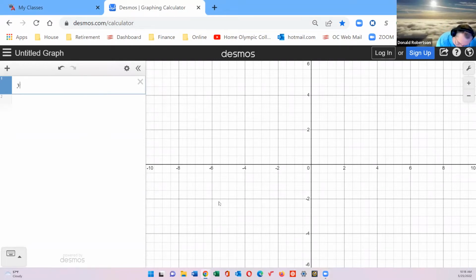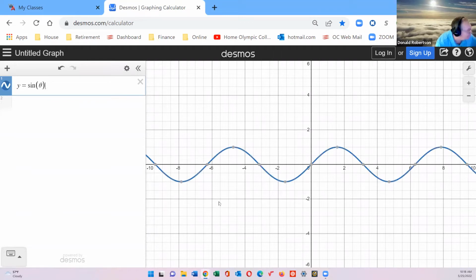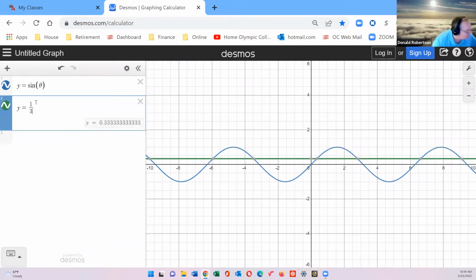So I'm going to do y equals the sine of theta. If you just type in theta, you get the symbol. And I'm then going to type in y equals 1/3.